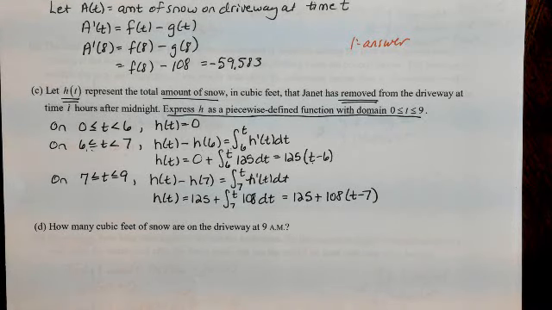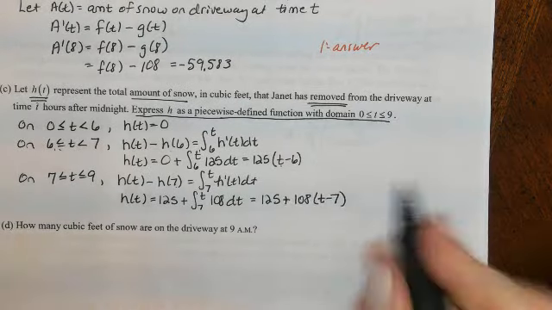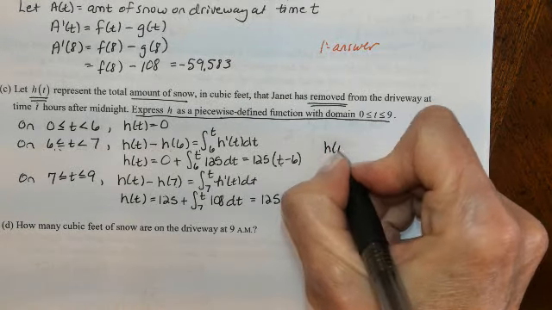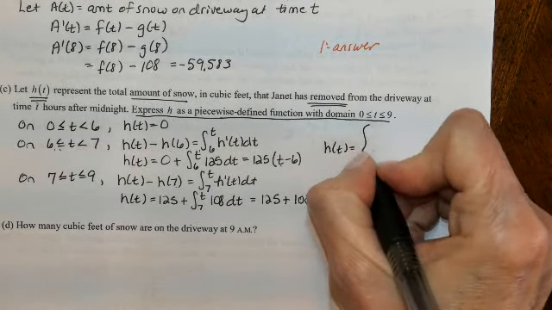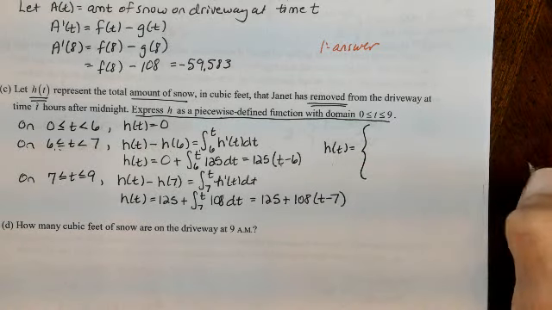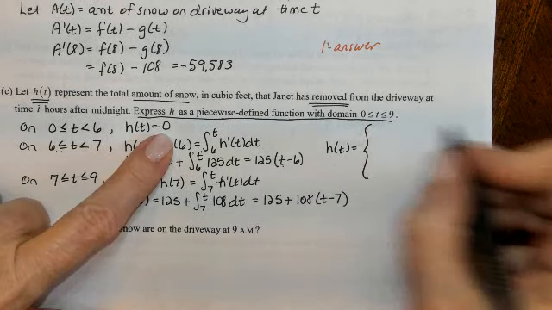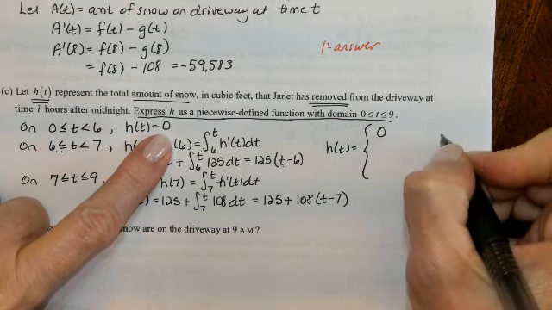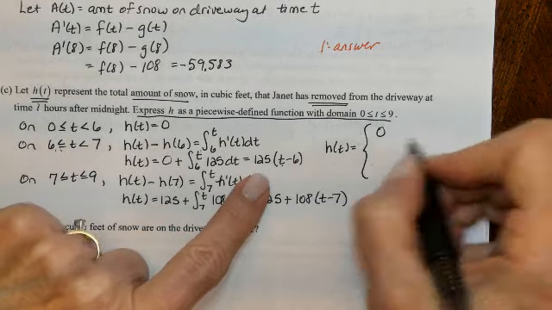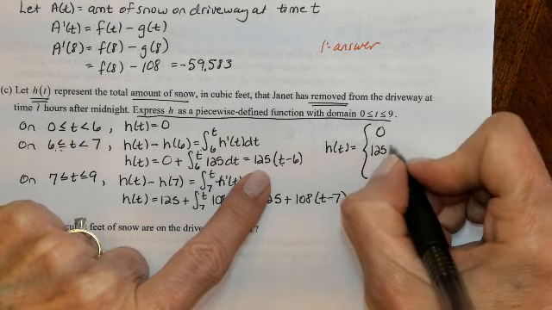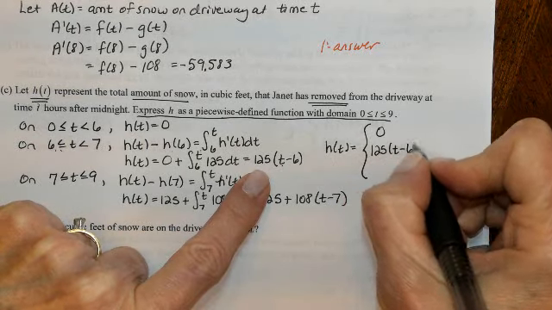So I can combine this and make it a nice, neat little piecewise function. So h of t is equal to, for the first piece, 0. For the second piece, 125 times t minus 6.